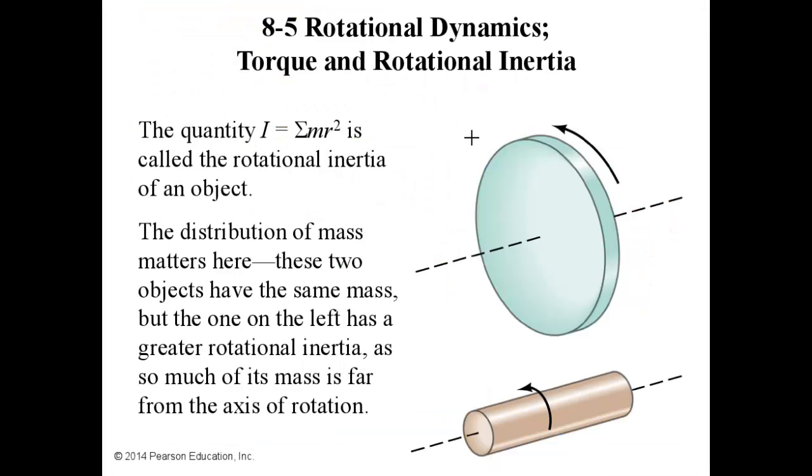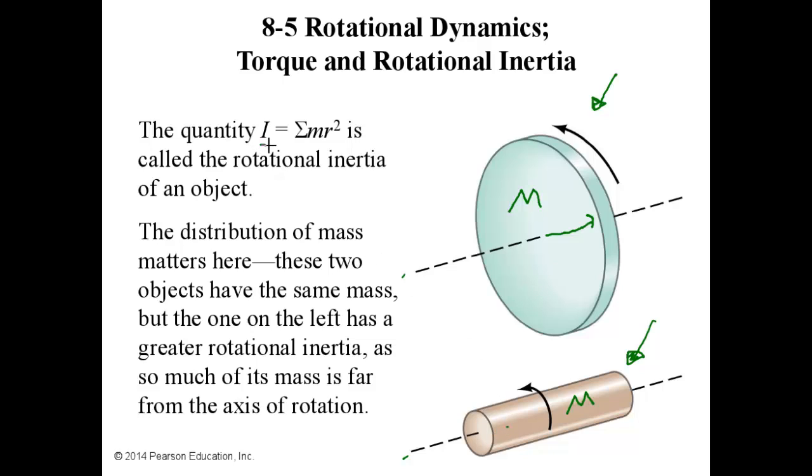Of course, the world doesn't necessarily consist of single points or particles that are rotating. We're going to have objects that are rotating. Suppose we had a disk with mass m and a cylinder with the same mass m. You would think, well, I know that this one is going to be harder to rotate about an axis going through its center compared to that one, and the reason for that is because this one here has its mass spread out over a much larger radius than that one.